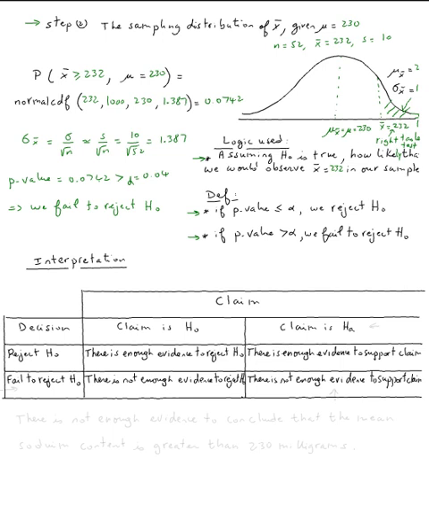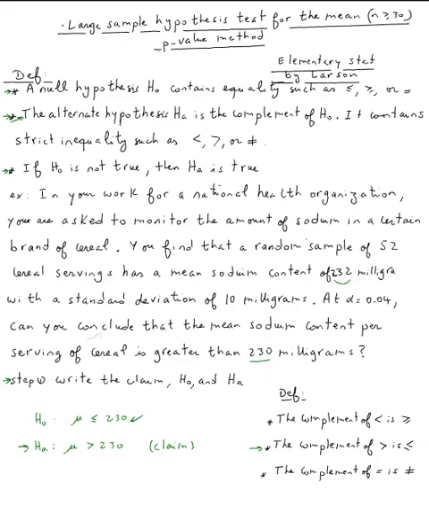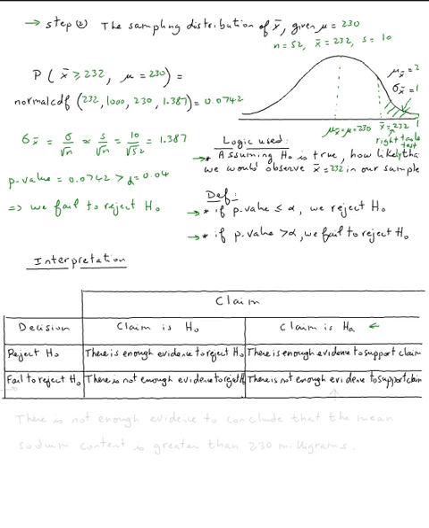We need to do the interpretation. We know the claim is in the alternate hypothesis. Since the claim is in the alternate hypothesis, and we fail to reject H sub 0, it's kind of like you're going to say there is not enough evidence to support the claim. However, because of the way they asked the question, I'm going to change it a little bit.